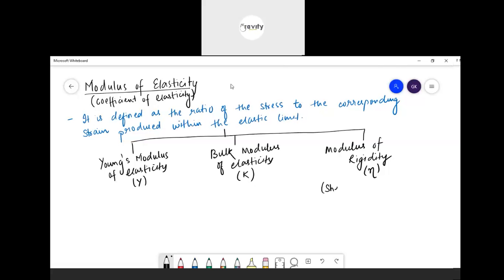This is also called shear modulus of rigidity, or simply shear modulus, eta.